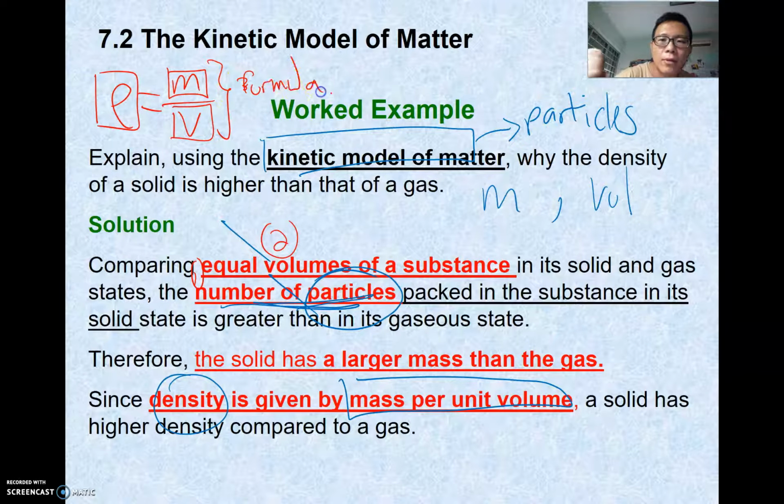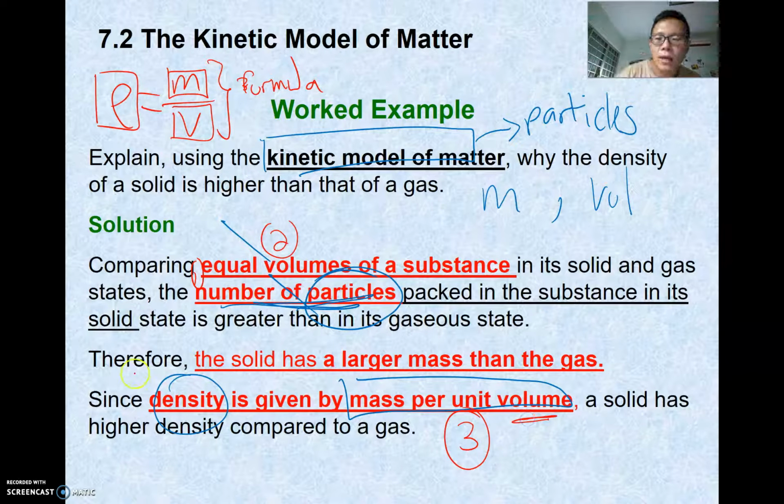And how do I tell them? I use the standard phrase, mass per unit volume, which tells the marker I'm looking at mass divided by volume, not mass plus volume or mass times volume. So the keywords follow quite strictly with the formula. I give the mass, I give the volume, and I must state the formula, which is mass per unit volume.